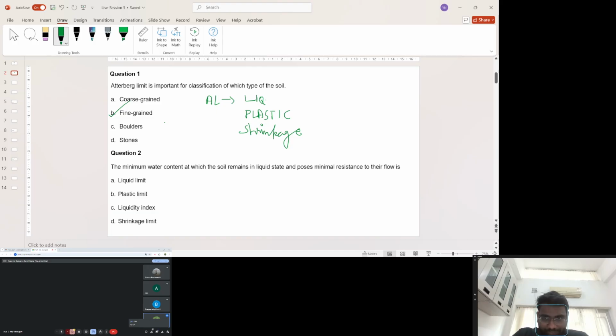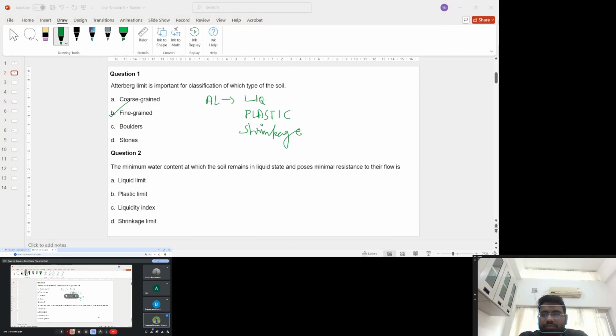Coming to the next question: the minimum water content at which the soil remains in liquid state and poses minimal resistance to flow is option A liquid limit, option B plastic limit, option C liquidity index, option D shrinkage limit.